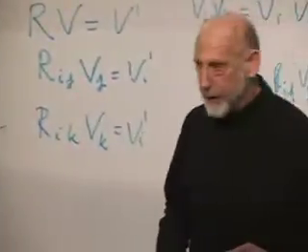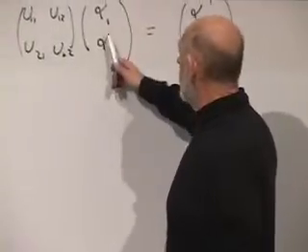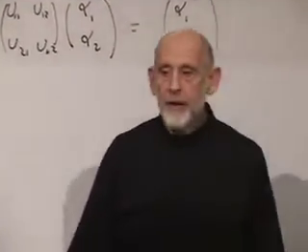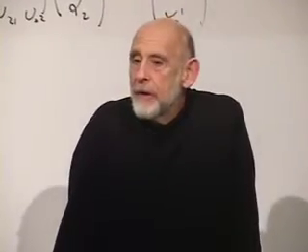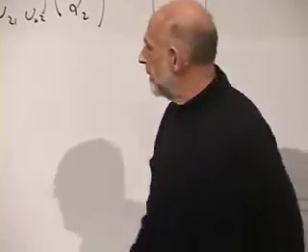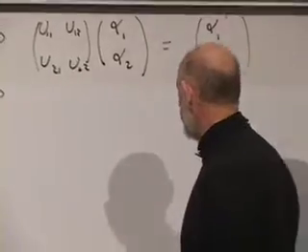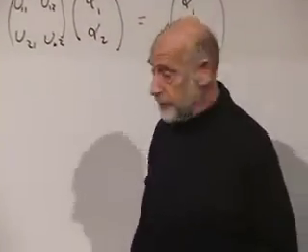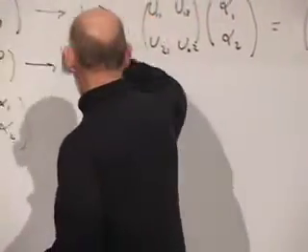Every rotation can be represented as a 2 by 2 matrix acting on spinors, on half-spin states. Let's see what the properties of such a matrix are. Now, this is just another representation of the rotation group, and it's a 2 by 2 representation.